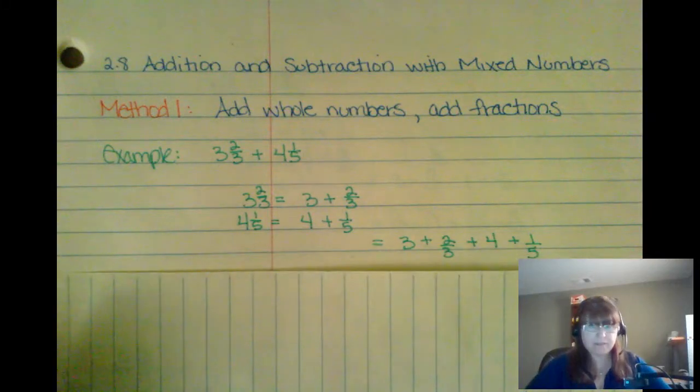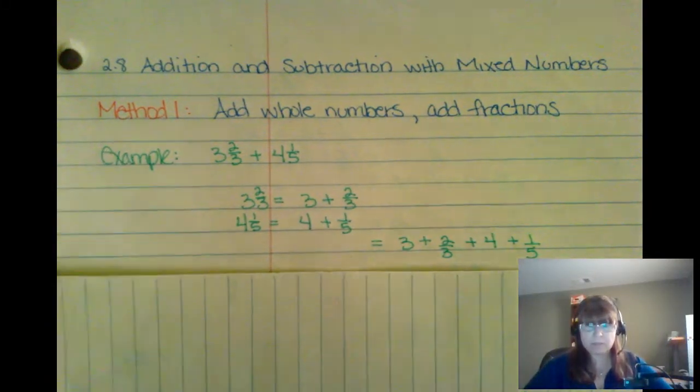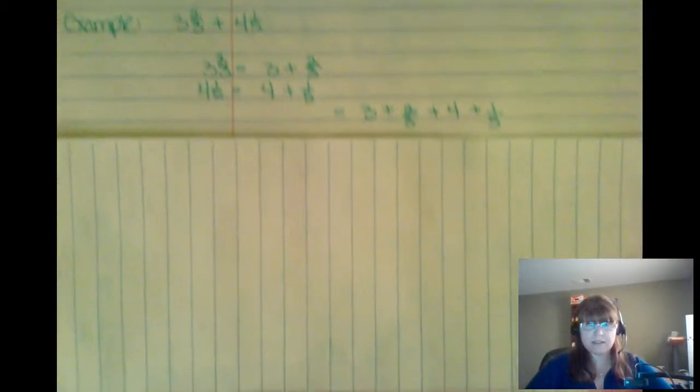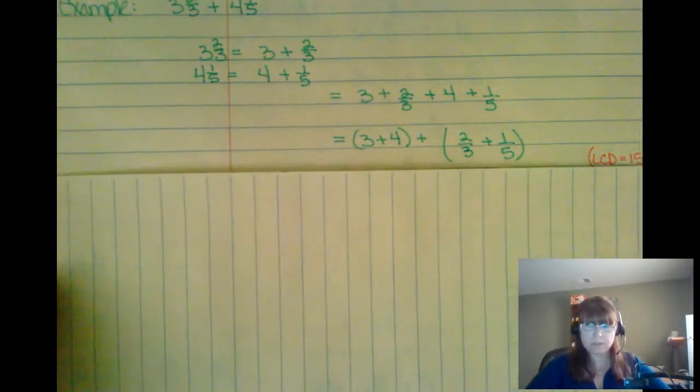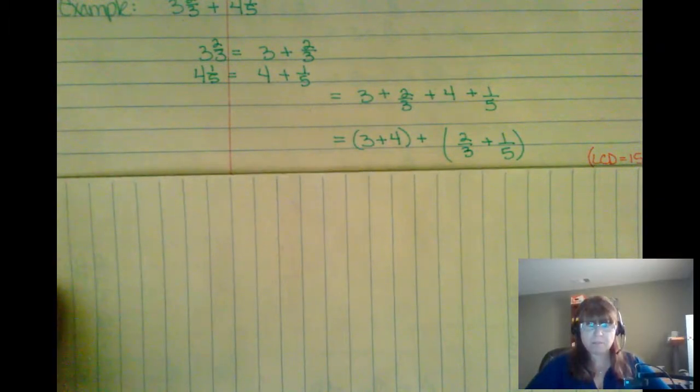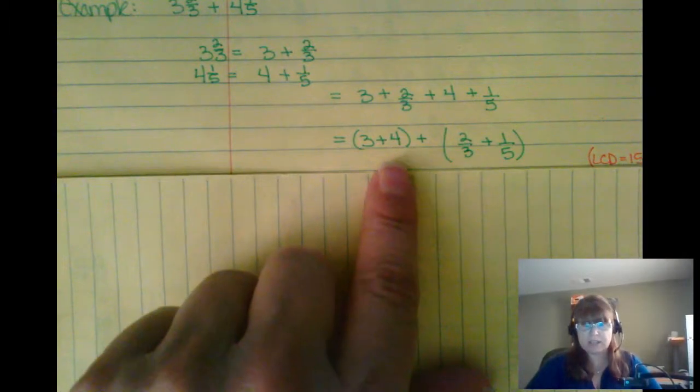Now if I add everything together, 3 plus 2/3 plus 4 plus 1/5, I'm going to combine the whole numbers. I'm going to combine the fractions. Well, 3 plus 4 is just 7, and I'm done with the whole number for now.